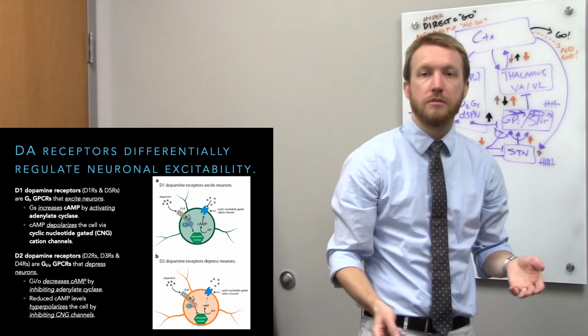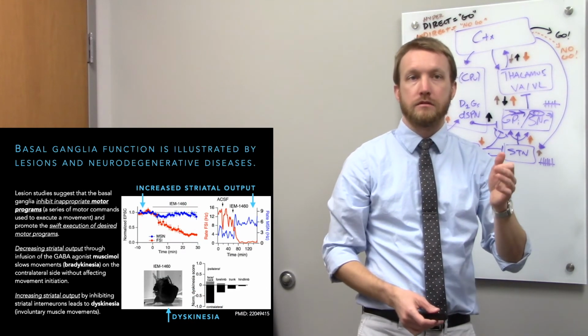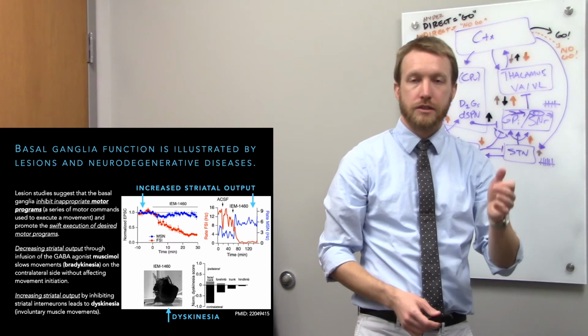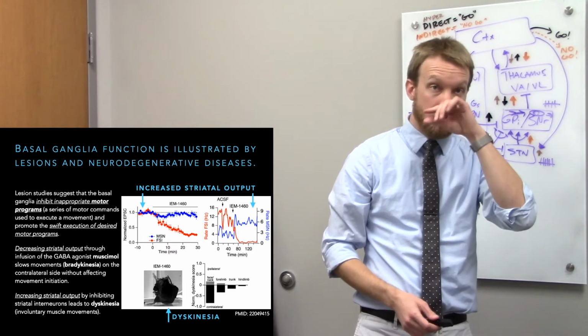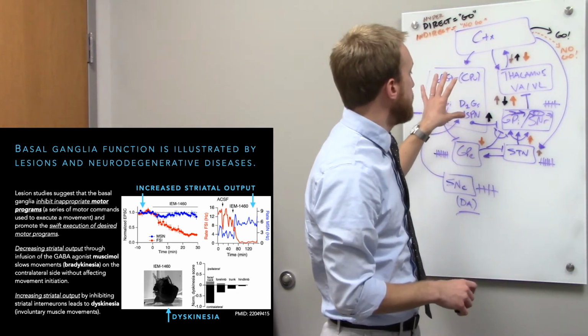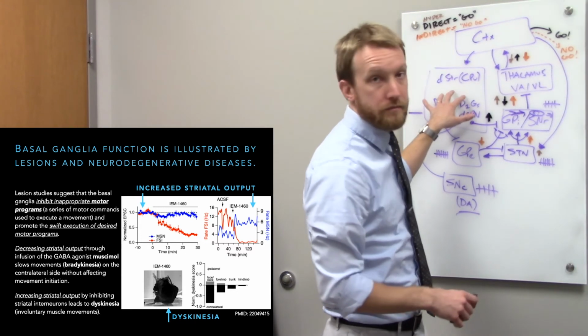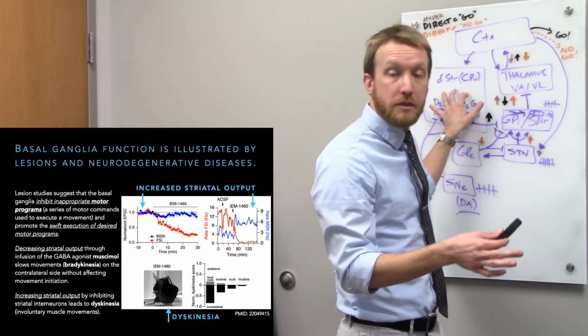Because the general function of the basal ganglia is to allow us to execute appropriate motor programs swiftly. When we see improper activity in the basal ganglia, we see inappropriate movement. So we saw some human examples.